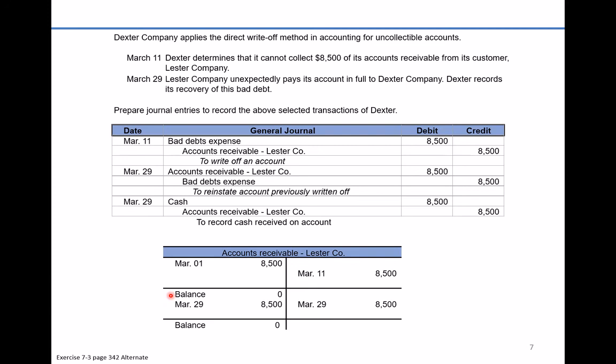Later on in the future, if you get a recovery, if the customer winds up paying you back, step one is to reinstate that previously written off transaction. So we're just going to undo what we did on March the 11th. And that's what's shown here on the T accounts. And then last, you apply the cash to the account, and that brings the balance down to zero.